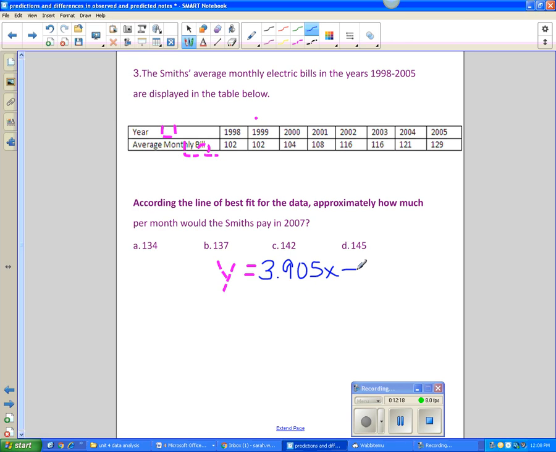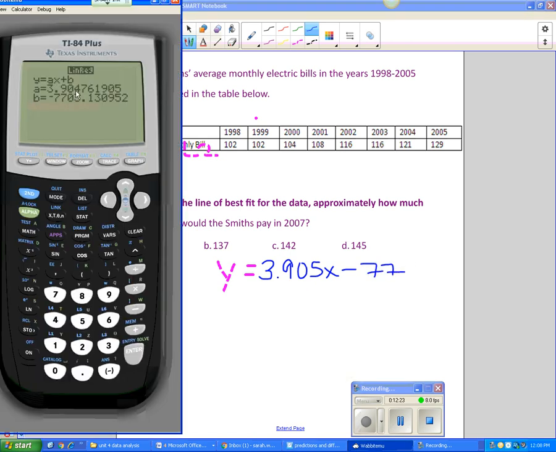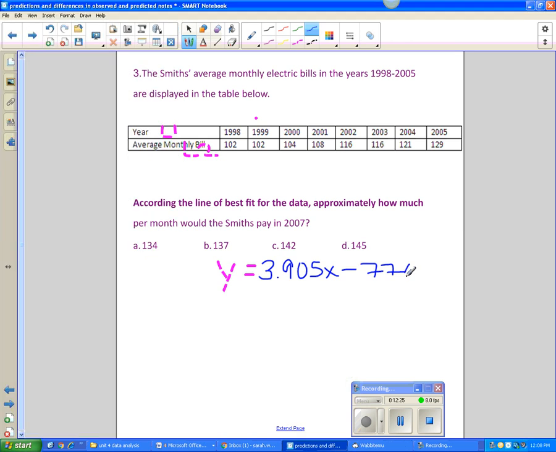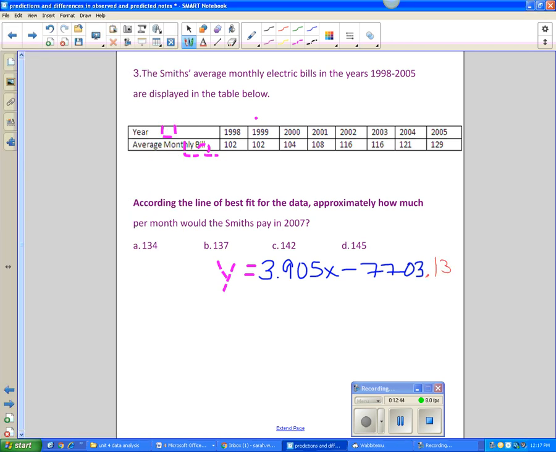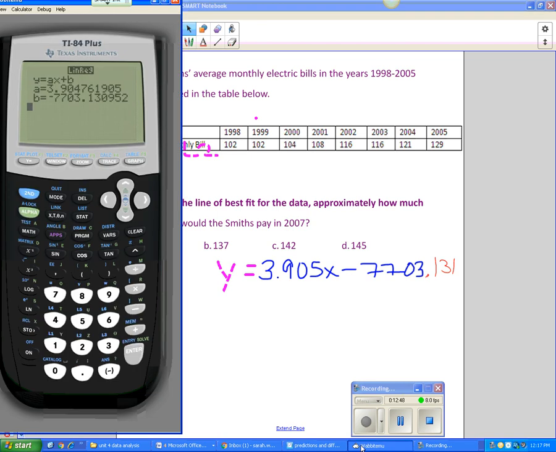So you would write minus 7703. Okay, so we have 7703. We want to go 3 decimal places. So 0.131, because the 0 will round up. Okay, now we're going to type that in our y equals.